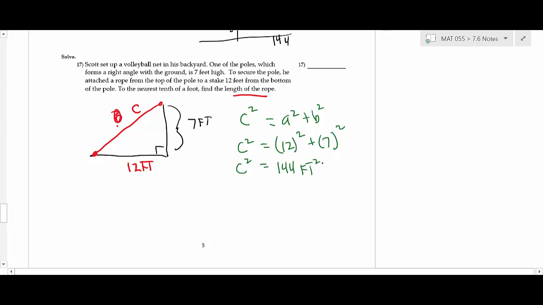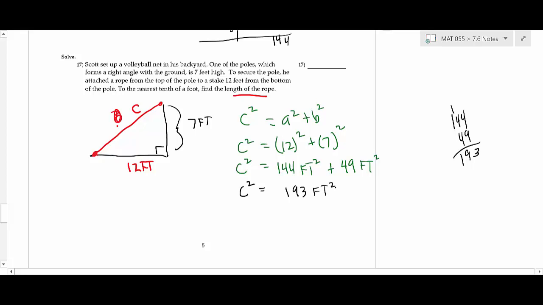If you square a foot, foot times foot is foot squared, and then 7 feet squared is going to give you 49 feet squared like that. You don't have to do this when you're working problems, but it's kind of nice to show students this. So now if I add those two numbers together, that's going to give 193 it looks like. So that's 193 feet squared.